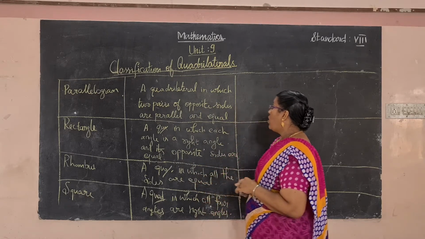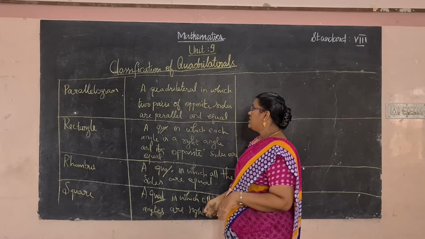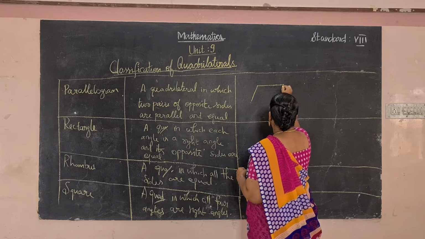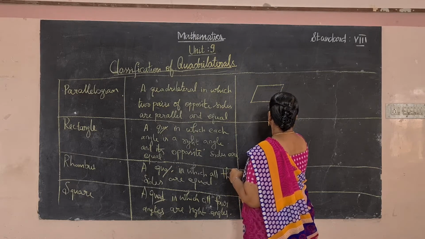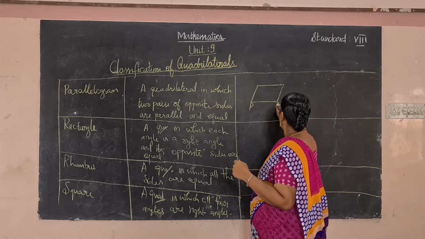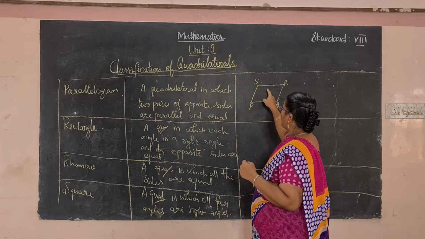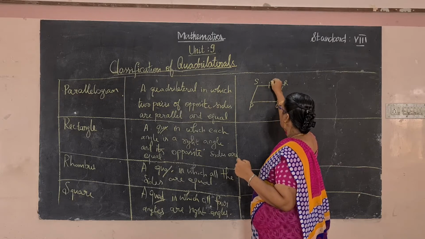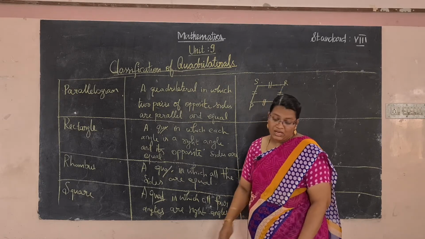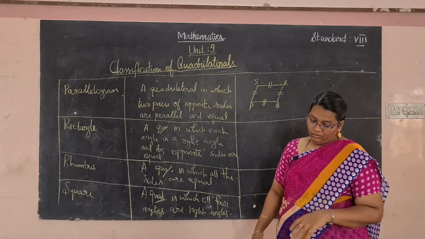See the first one, parallelogram. Parallelogram means a quadrilateral in which two pairs of opposite sides are parallel and equal. How can you draw? This is a quadrilateral PQRS. The pairs of opposite sides are parallel and at the same time equal. This is called the parallelogram.